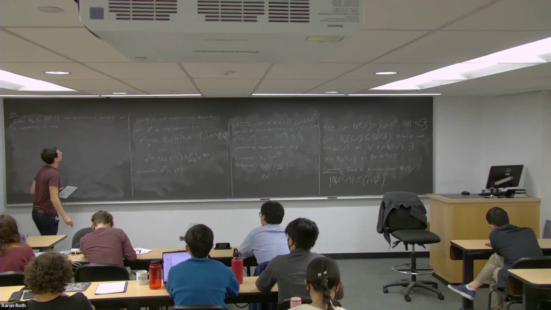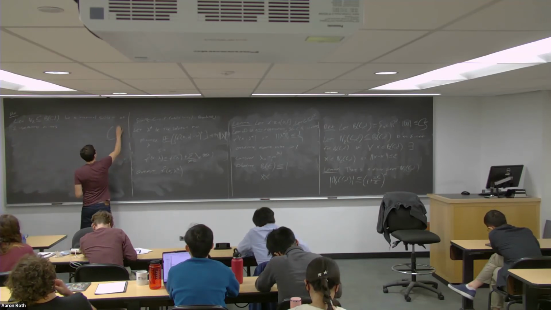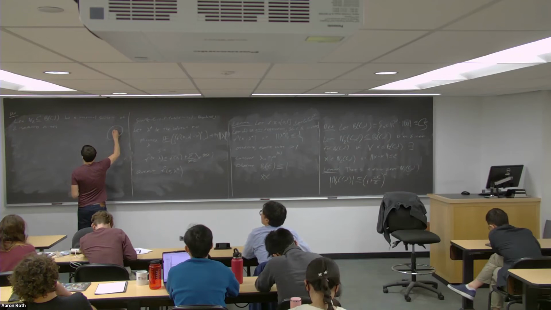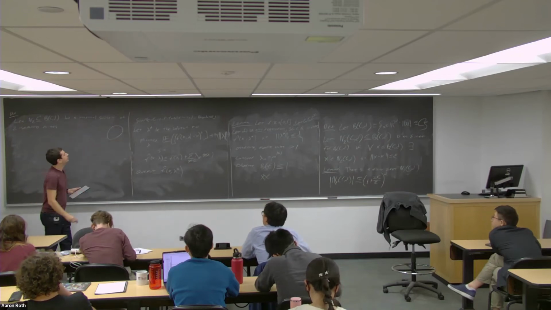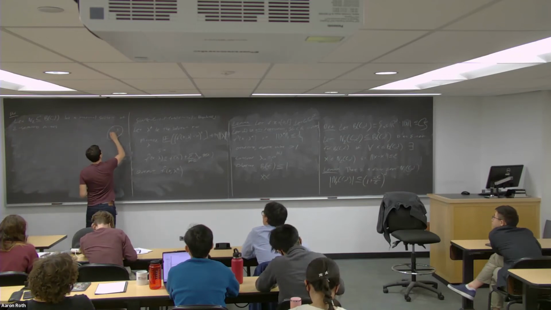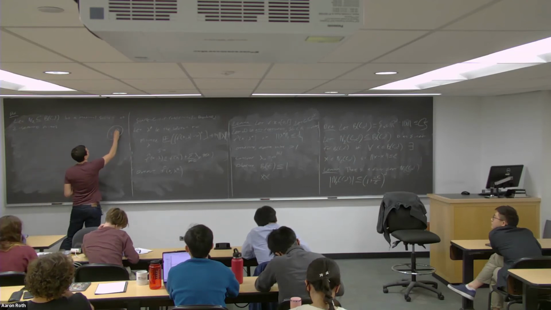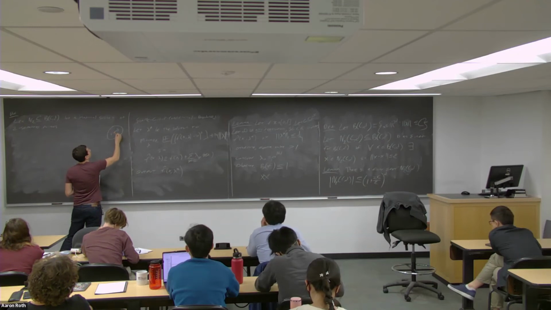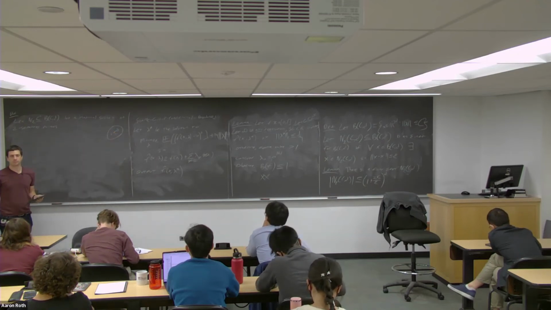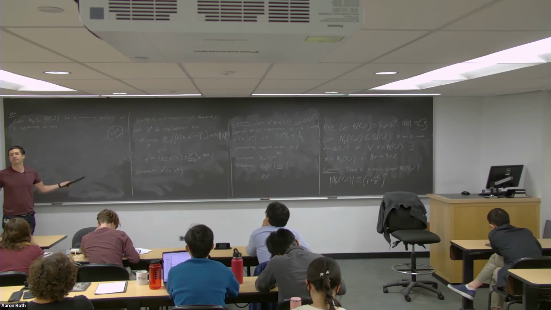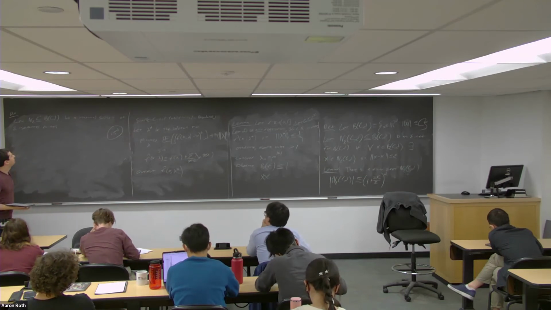Okay, what do I mean by that? What does epsilon separated mean? I mean for any lambda and lambda prime in my set, the L1 distance between them has to be at least epsilon. So pairwise, they're all epsilon far apart. That's what epsilon separated means.